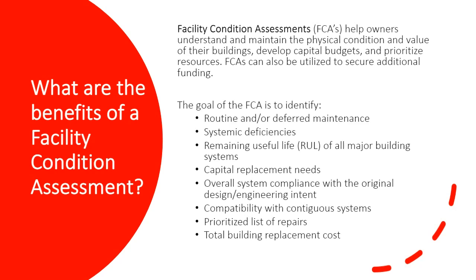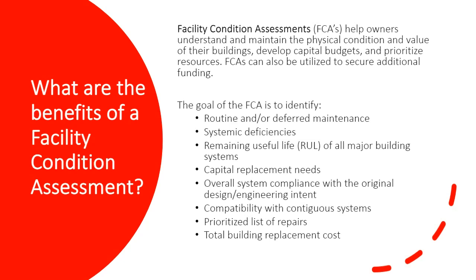Also looking at capital replacement needs. Also the overall system compliance with the original design and engineering intent of that unit. What are the capabilities within the contiguous systems? Okay, again, systems fail. They happen. And how does that impact things if one part of that system fails?